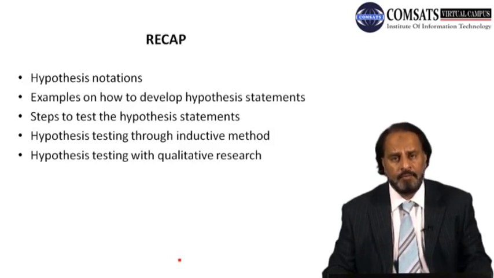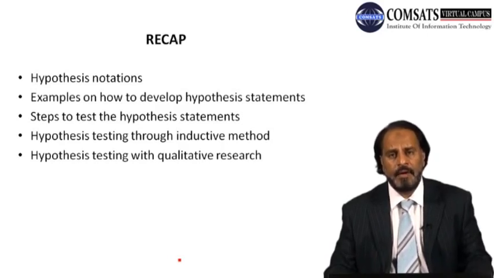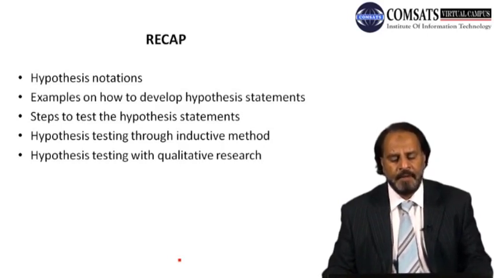Rho, or small p, is used to indicate the relationship between the two groups. We also looked at how the moderating and mediating hypothesis statements are formulated. Then we looked at the different steps of how to conduct the hypothesis tests.